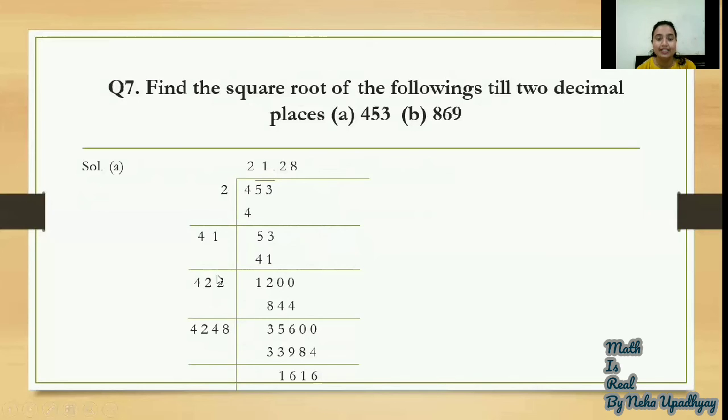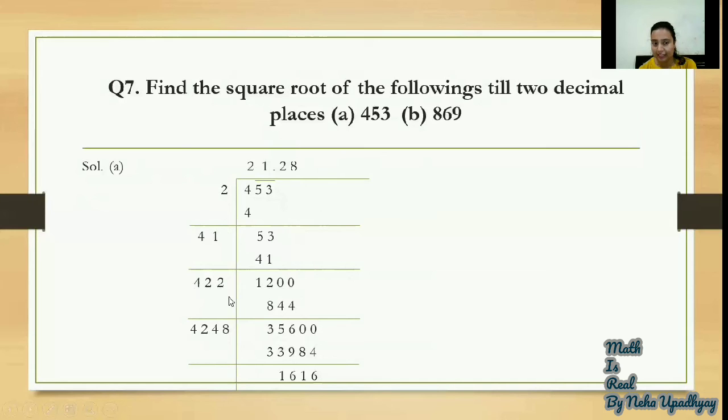And the same thing, either you add 41 plus 1, 42, or you do twice of 21. 2 ones are 2, 2 twos are 4. And this third place now is the thing to find out. Like we do in division, see 4 here, and 1 is really small. 4 here, and this is 12. So 4 threes are 12.